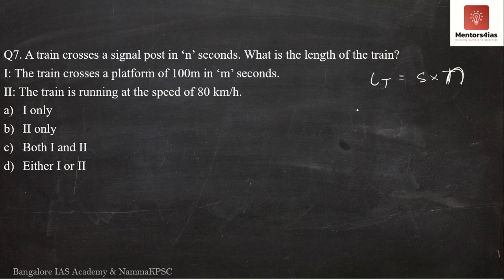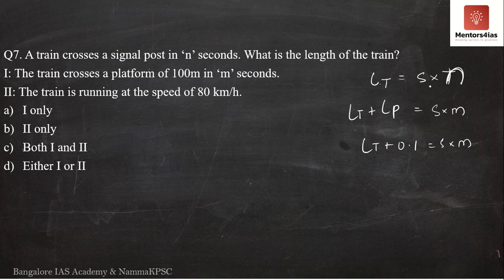The first statement says length of the train plus length of the platform, which is 100 meters, it is able to cross it in m seconds. The speed of the train remains the same in m seconds. So therefore I can say LT plus 0.1 is equal to S into m over here.